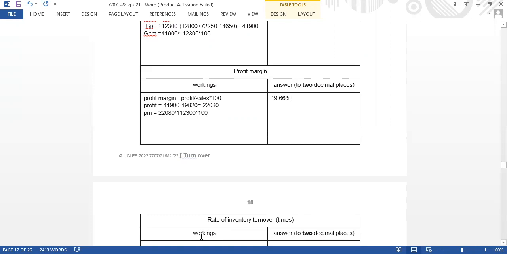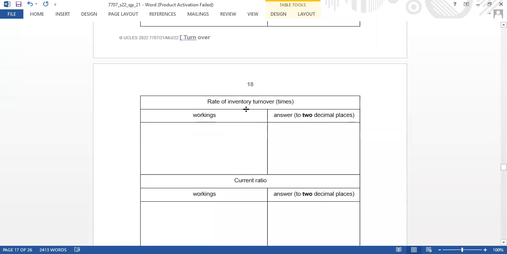Now, rate of inventory turnover in times. Rate of inventory turnover is calculated by cost of sales, cost of goods sold, divided by average inventory. If the examiner is asking for rate of inventory turnover in days, we calculate it by average inventory divided by cost of sales multiplied by 365 days.